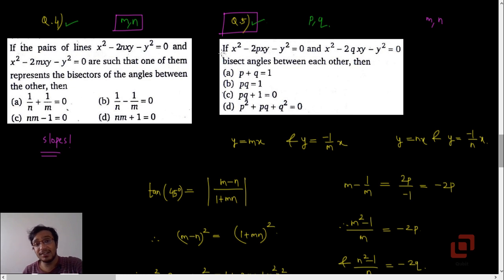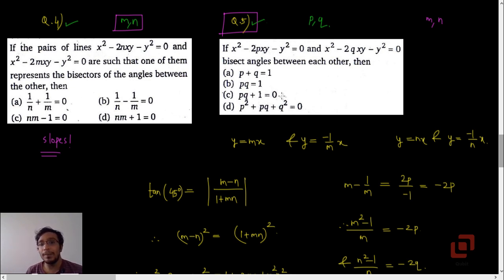And yes, this is by far the most difficult question in the entire set of questions on pair of straight lines. Okay, see, now it is the case because all you require to do is out of, I should say, the syllabus. Okay, and by out of the syllabus I don't mean you need to use a formula which is not there in the textbook.